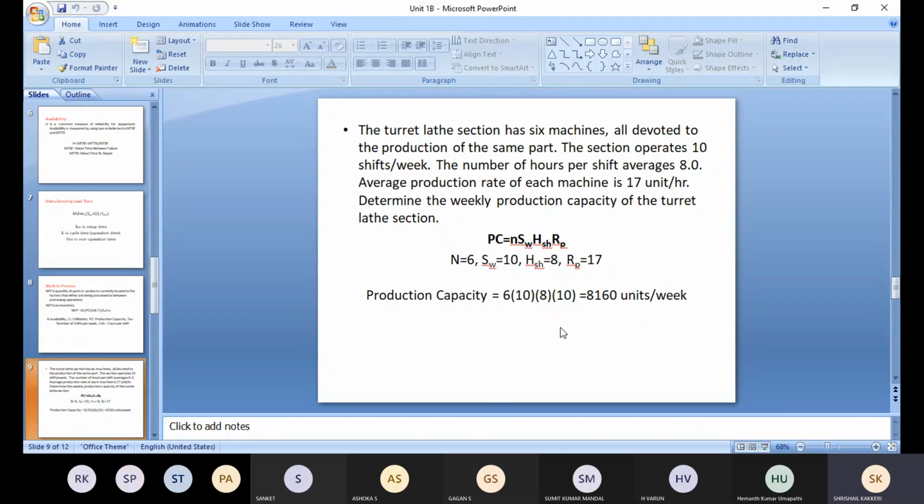So SW is 10 and it works for 8 hours per shift, that means SH is 8, and the production rate for each machine is 17 units per hour. That means the rate of production is 17. Definitely the production capacity is N, SW, SH, RP, which is equal to 8,160 units per week.